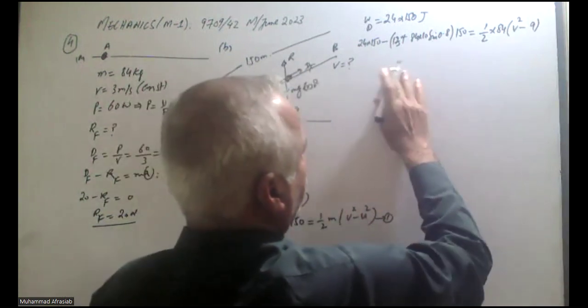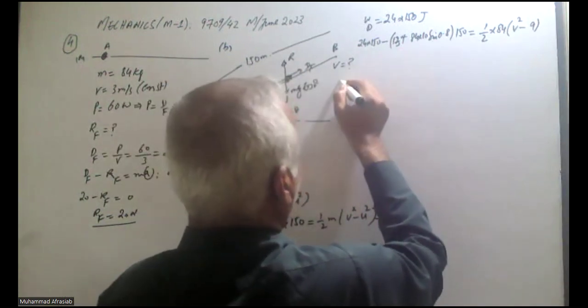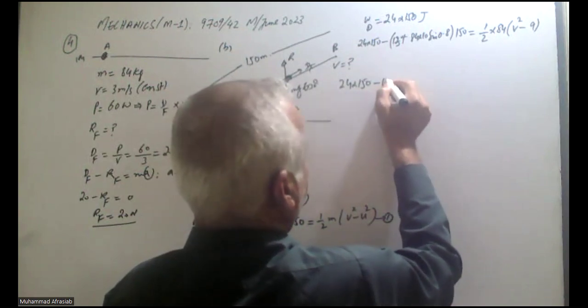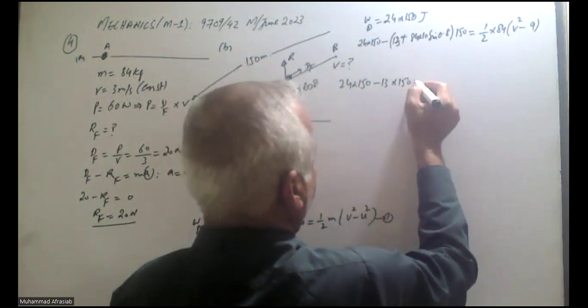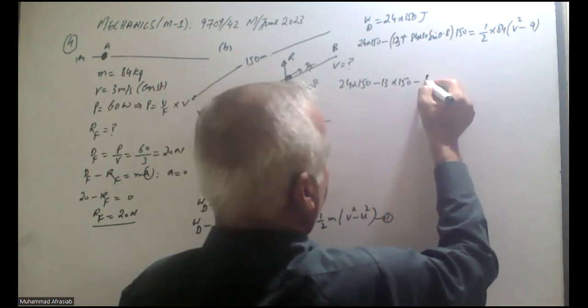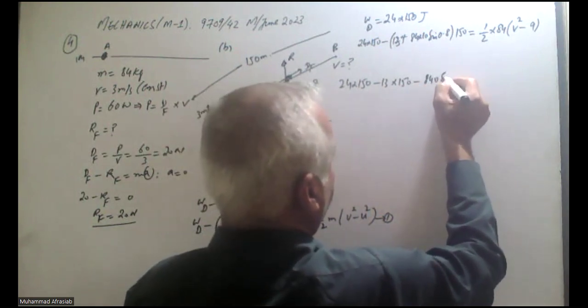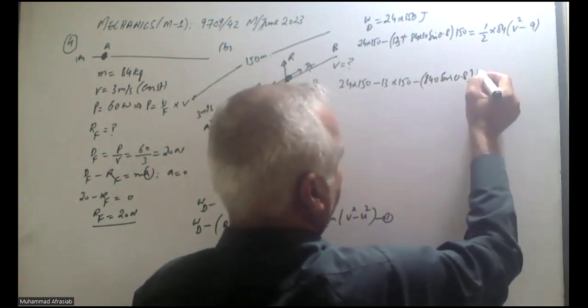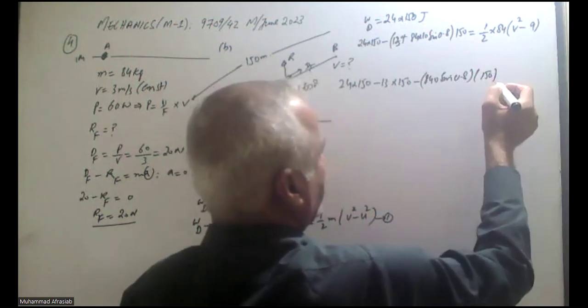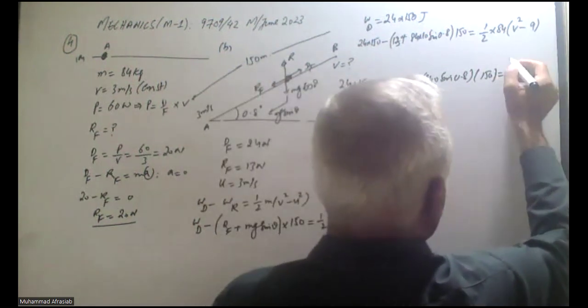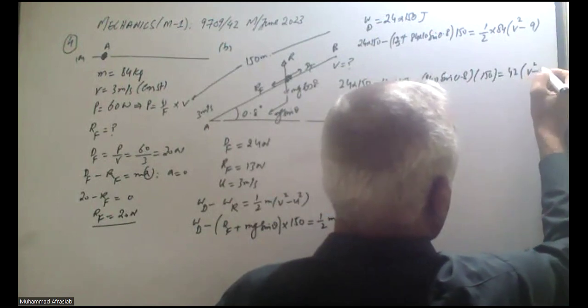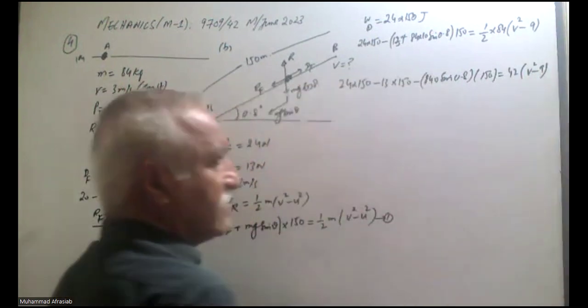So after doing all this calculation, it should be 24 into 150 minus 30 into 150 minus 840 sine of 0.8 into 150, and that is equal to 42 times v square minus 9.